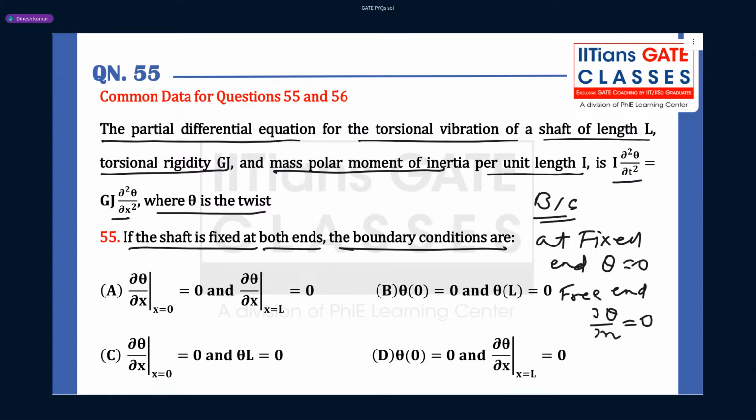We use that at the free end. Now in this case, the shaft is fixed at both the ends. So your boundary conditions will be: θ at x equal to 0 is 0, and θ at x equal to L is 0. So what is the answer? B is the answer. Clear? Everybody, is it clear?